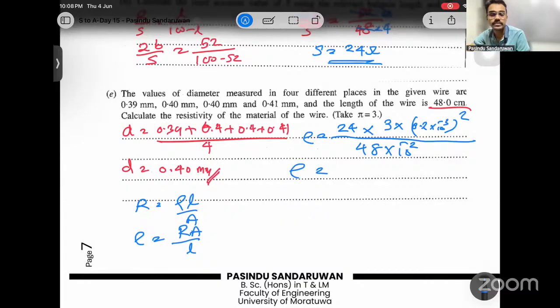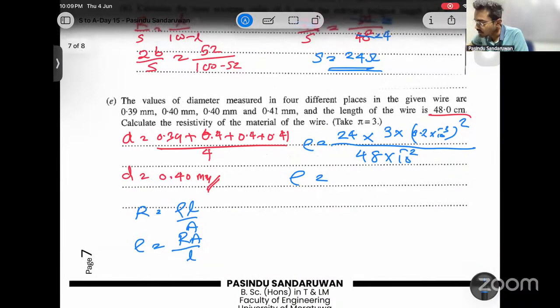Right? Have to simplify this. This cancels 24 and 48, 24 times 2. Then simplify the rest. 3 times 0.2 times 10 to the minus 3 means 2 times 10 to the minus 4, squared gives 4 times 10 to the minus 8.